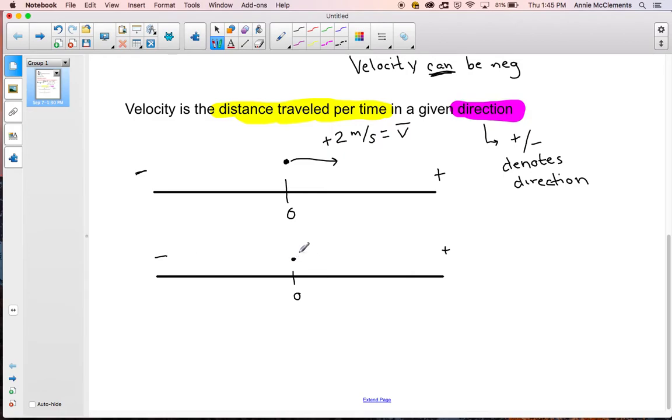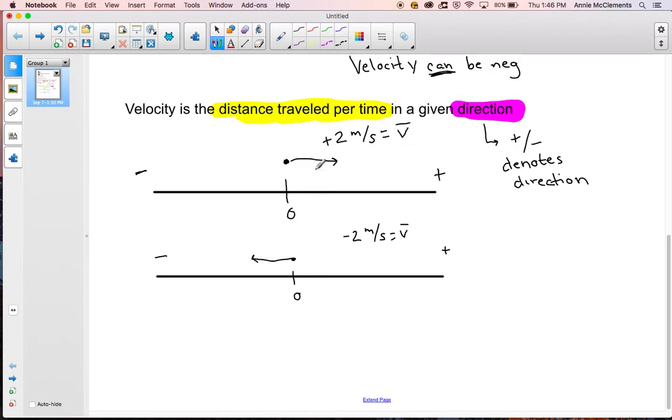And here's our particle. We're told that this particle is moving negative 2 meters per second. That is its average velocity. This particle, just like the one before, is still covering 2 meters every second, except it's going in the negative direction. So it's going to be going the opposite way.